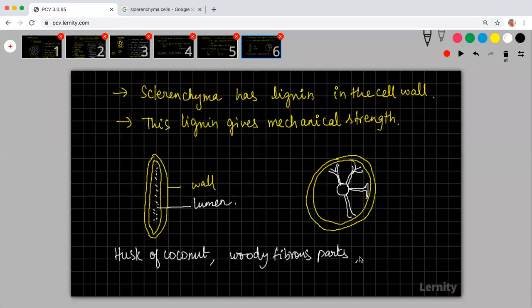Okay, so in all these regions you will see fibers. These are regions where we can see sclerenchyma fibers.